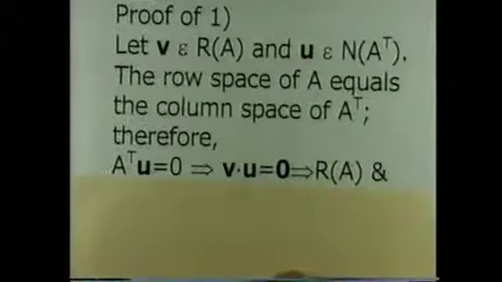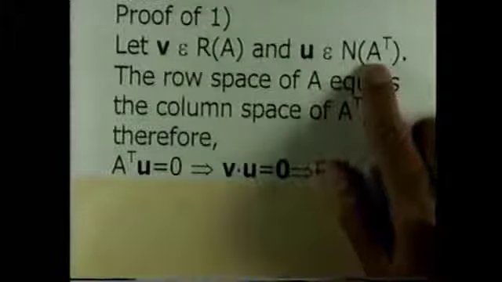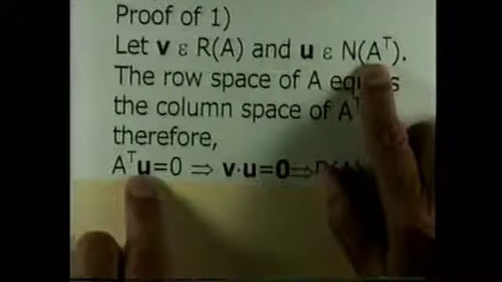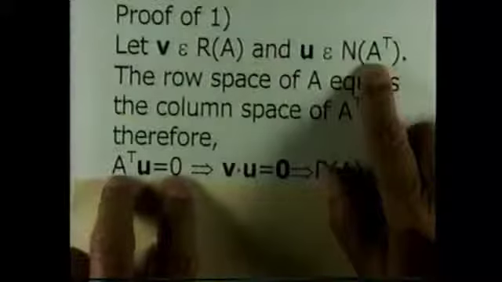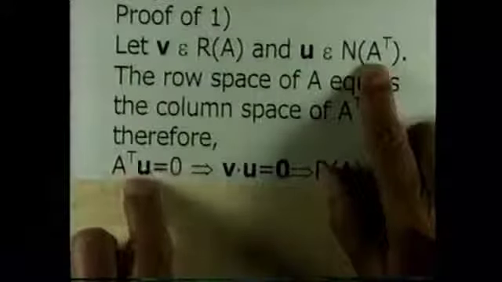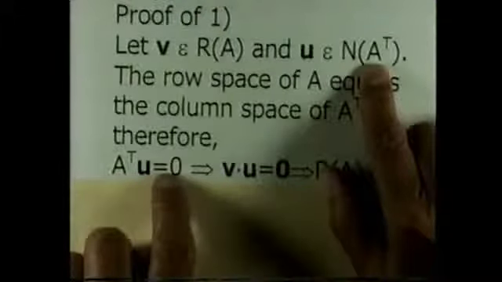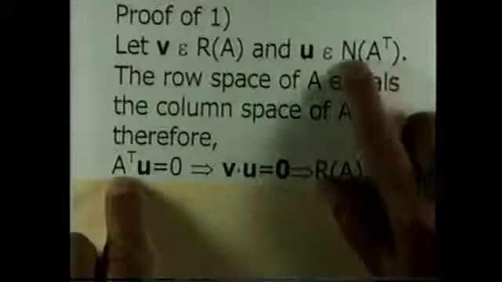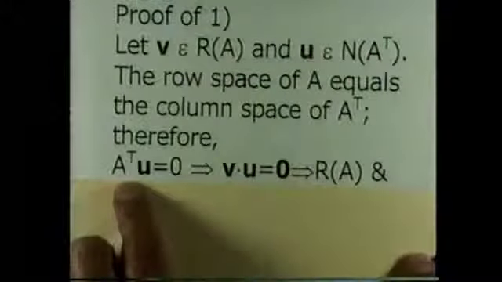Now if U is an element of the null space of A transpose, then A transpose times U would equal 0. That's the definition of being in the null space: the set of all vectors such that AX is equal to 0. Well, U is one of your X vectors, and in this case we're talking about the null space of A transpose, so it would be A transpose.